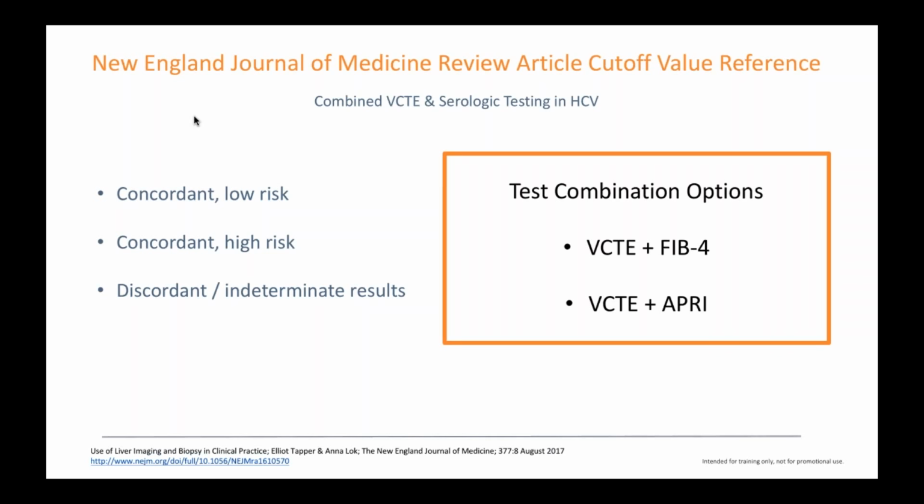What they're suggesting here is that the tests be done on the same day to eliminate variability from day to day, and to combine either VCTE and FIB4 same day, or VCTE and APRI, and then compare the findings of those two tests and look for concordance, discordant, or indeterminate results.